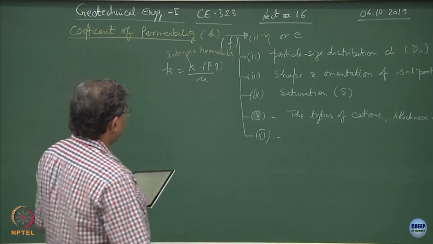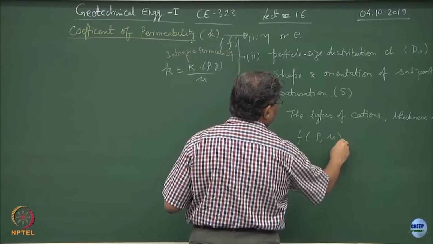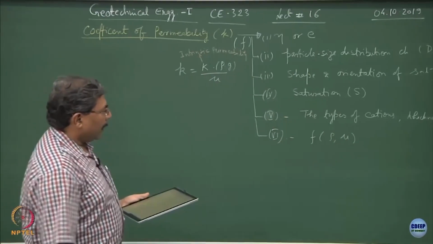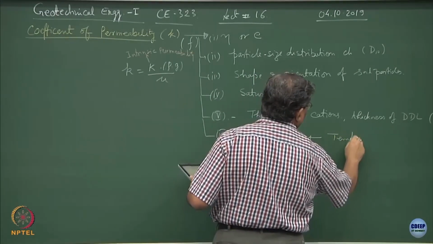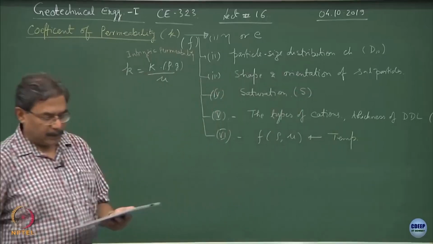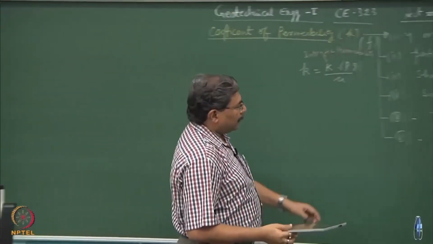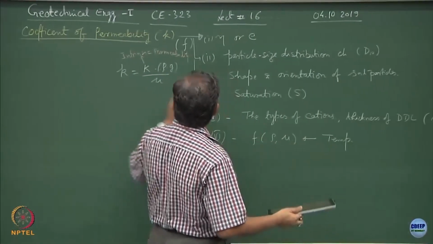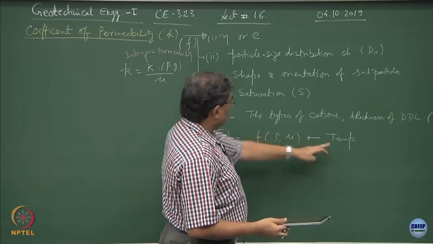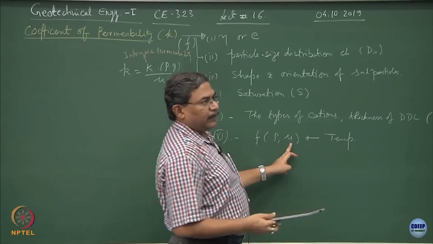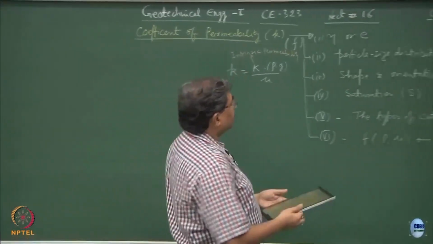So, basically K depends upon the density of the fluid and the viscosity of the fluid, and these two get influenced by the temperature. Alright. Now, this is a complete matrix. So, how the environmental conditions influence the hydraulic conductivity or coefficient of permeability, because they affect the density and viscosity of the fluid which is permeating, and these are the other parameters.